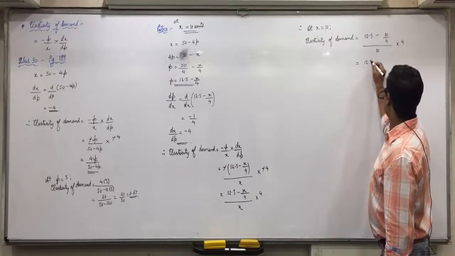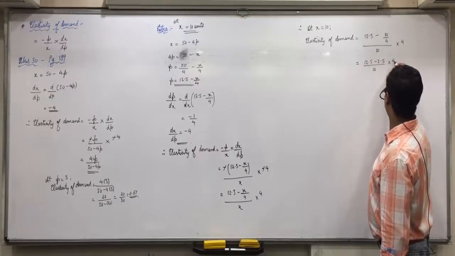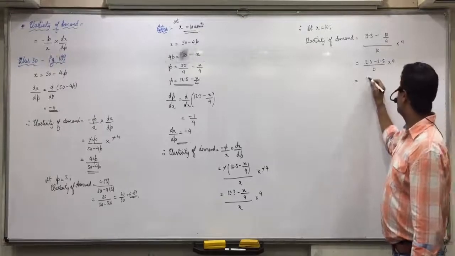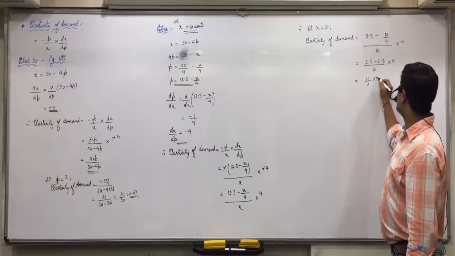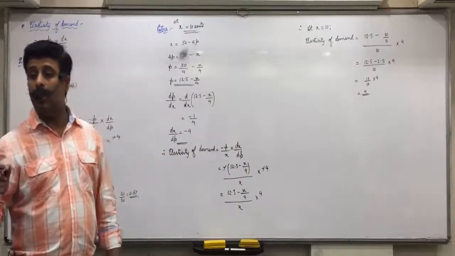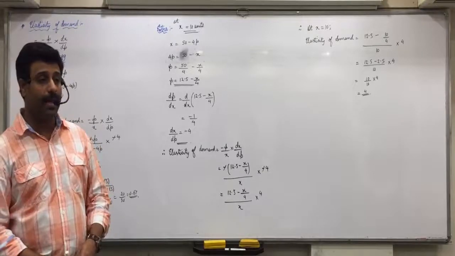Can I say 12.5 minus 2.5 upon 10 into 4? What is 12.5 minus 2.5? 10 upon 10 into 4, that is 4. Did you understand this? So if price changes by 1%, demand will change by 4% in the opposite direction.